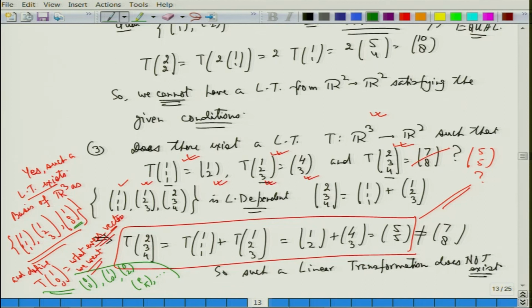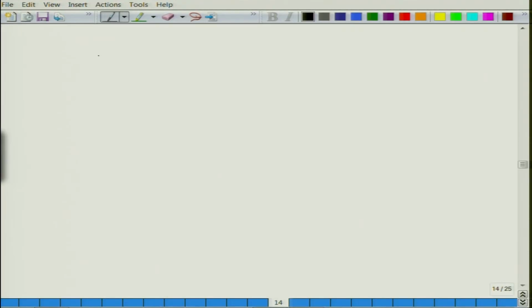Fine. In the next class, I will just state what we would like to look at so that you come prepared. There are these 2 definitions that I want you to recollect.